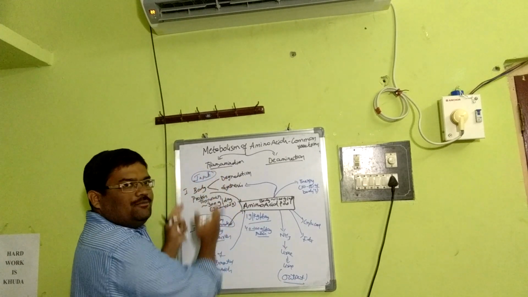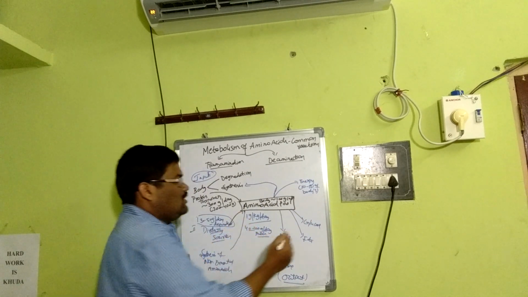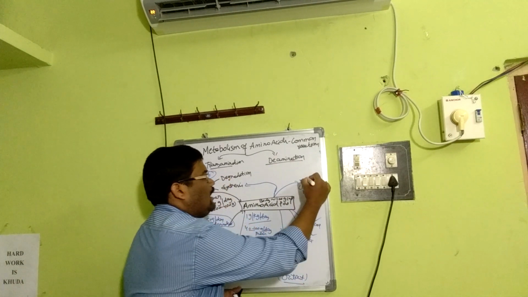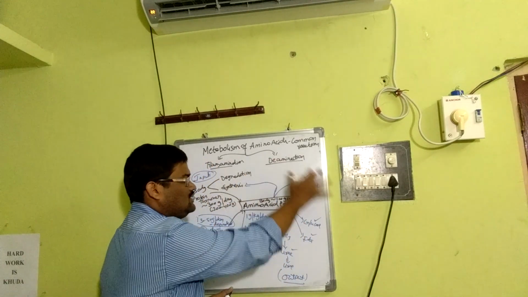That means they are the input that makes up the amino acid pool, and they are the ways we can utilize them for synthesis of glucose, fats, urea, energy requirements and, of course, synthesis of non-essential amino acids. These are different ways.